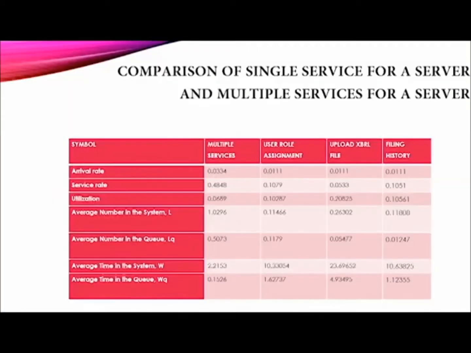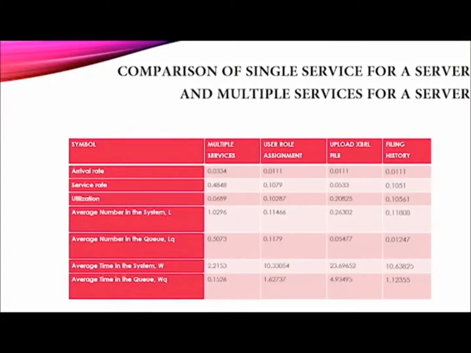For the utilization, the arrival rate is divided by the service rate. So for user role assignment, the utilization is 0.102287. For the upload XBRL file it is 0.20825. For the file history it is 0.10561.